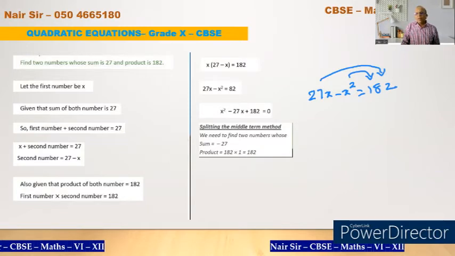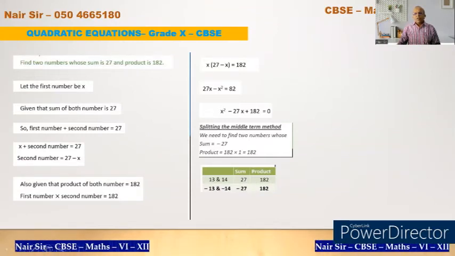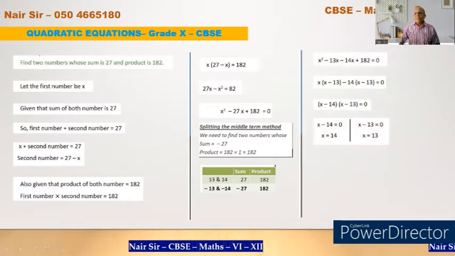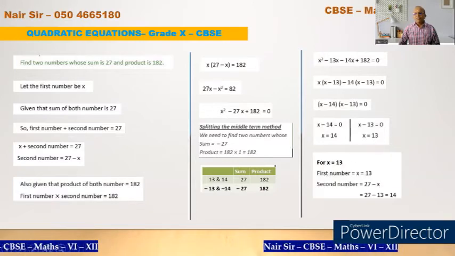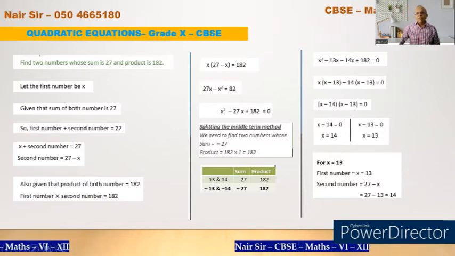So minus x squared becomes x squared, this becomes minus 27x, and this remains 182 is equal to 0. So I got two numbers. The first number is 13 and the second number is 14.